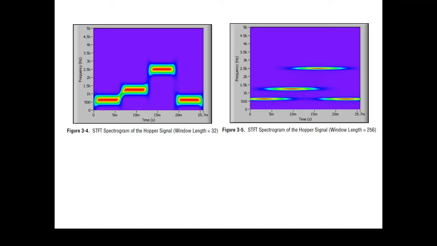Now, if you reduce the window length in the time domain, the frequency spreading is increasing. If you increase the window length, your frequency spreading is reducing, but the overlap in the time domain is much higher.